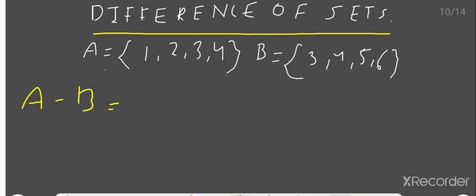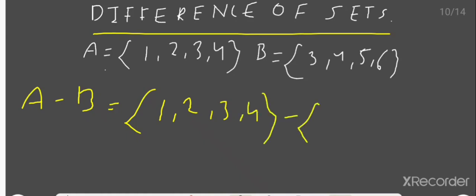We have to write the elements of A which are not in set B. So first we write A, 1, 2, 3, 4, minus symbol, B, which is 3, 4, 5, 6.